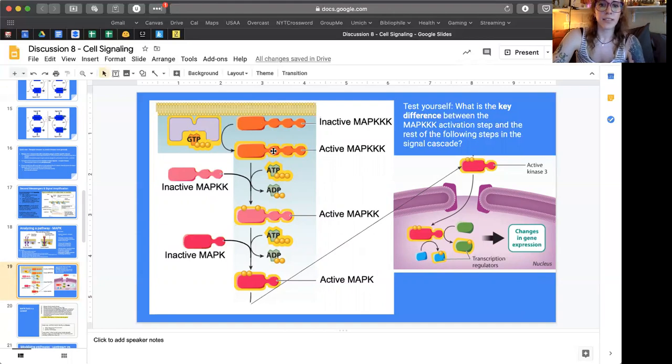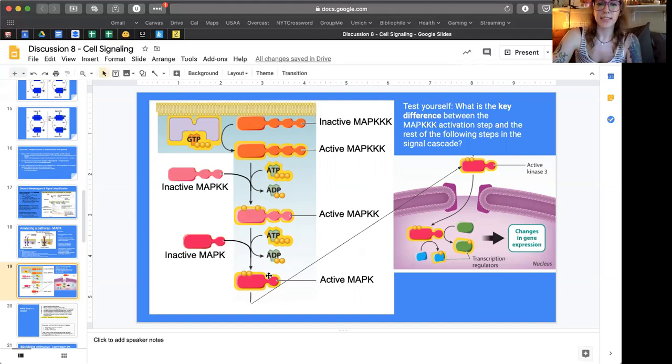And then from this activated MAPK, we're getting this ATP hydrolysis reaction that's donating that extra phosphate group to an inactivated MAPK, which again allows that to become activated. And now, again, we're getting this hydrolysis reaction, which is going to donate an extra phosphate group to an inactive MAPK, which is going to activate it.